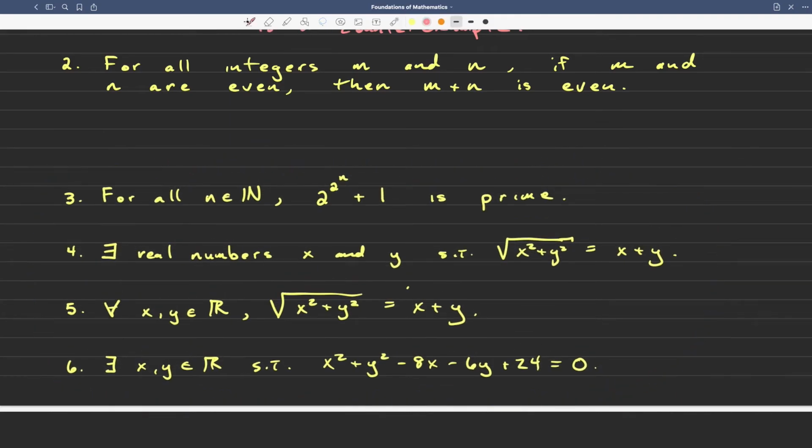So the logical structure is, for every m and n in the integers, m and n even implies m plus n is even. And the negation of it would be, just like before, that the for every would become an exist: there exist an m and an n in the integers such that m and n are even, but m plus n is odd. In this case, though, the statement is true, and so then we need to prove it.